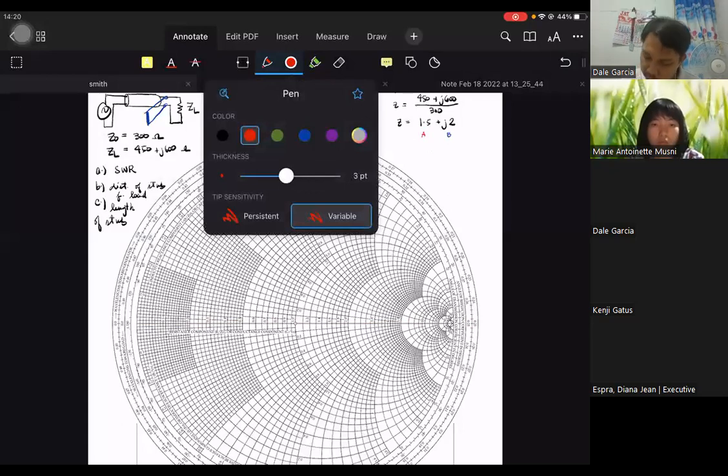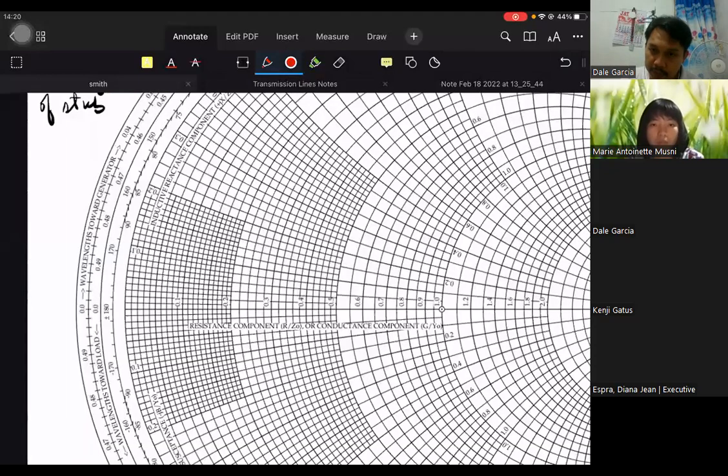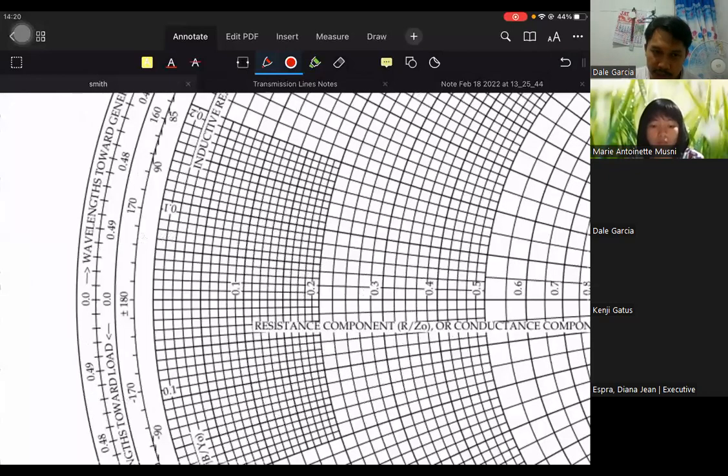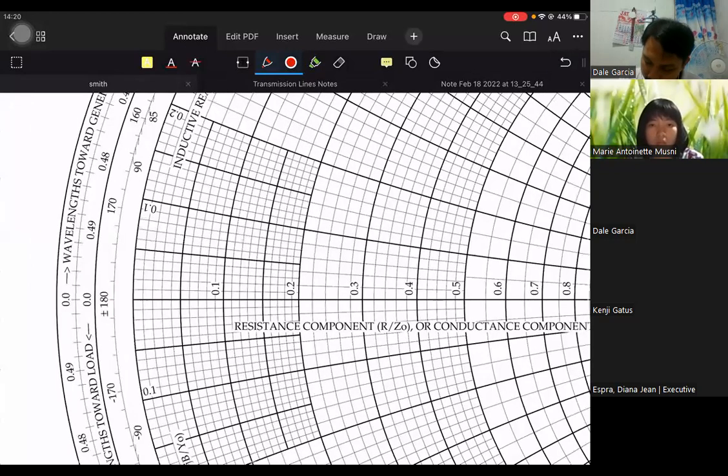So sugod sa pinaka-kinatumian, this is 0. Okay, mag-zoom. 0. And then as we move further to the right, this is the very center.